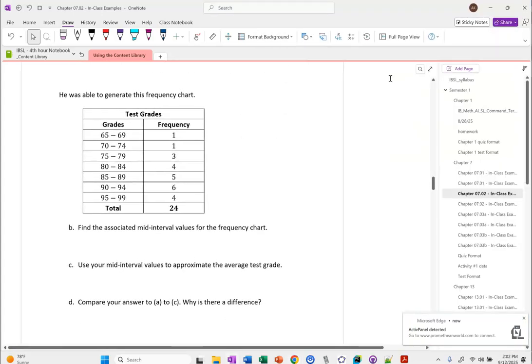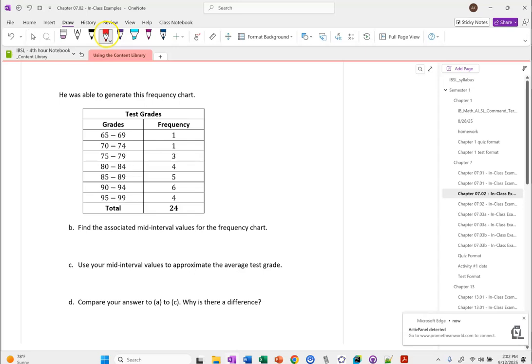Alright. Here's the frequency chart that we would have made on the previous problem. It says find the associated mid-interval values. Okay, we'll write over here. What's the mid-interval value for the first data range?